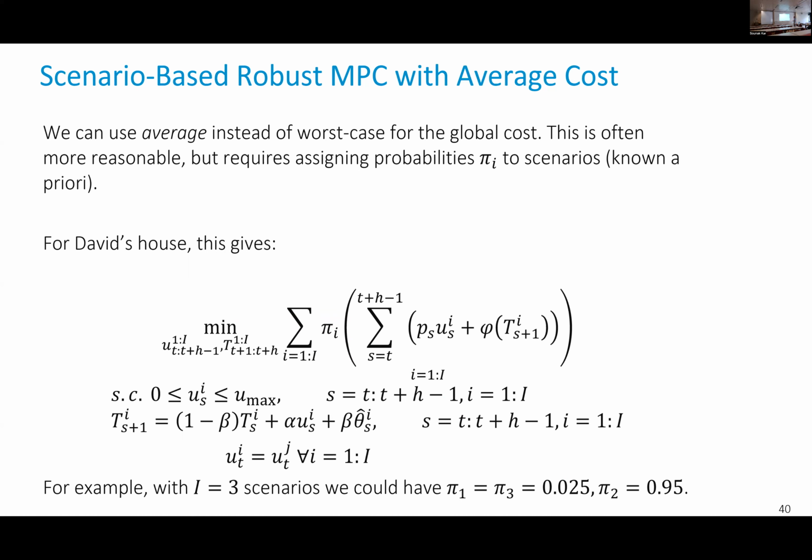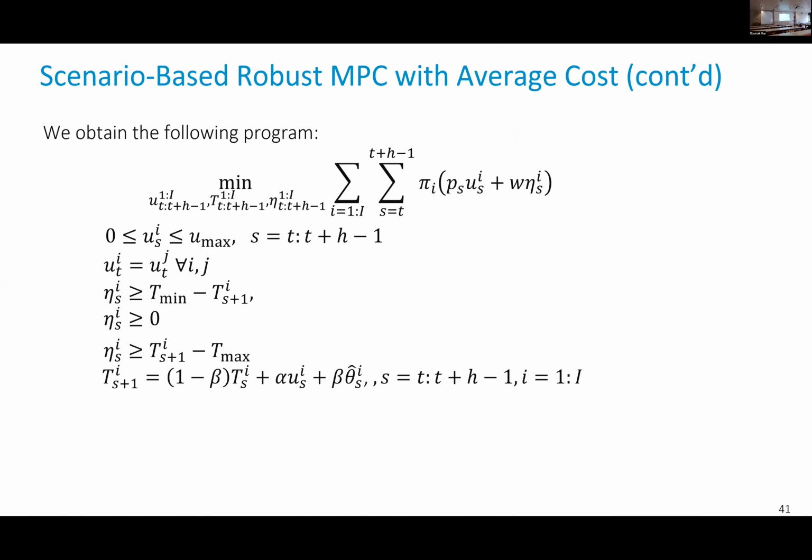We still have the phi, which is nonlinear. And using the same technique as before, we add 1 variable for each of the expressions that is here, and that gives us a linear problem. In fact, it's a bit simpler than the other one, but its solution will depend on the values of pi_i. I don't show the results of this for the example we had before. They are quasi the same.